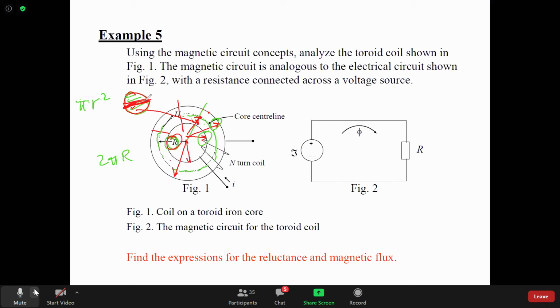Where do you buy the donut? It's not a circle, as I mentioned. It's a toroid, basically a circular shape, let's say cylindrical shape.